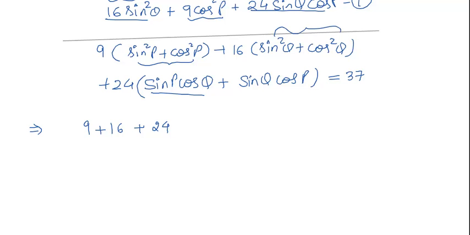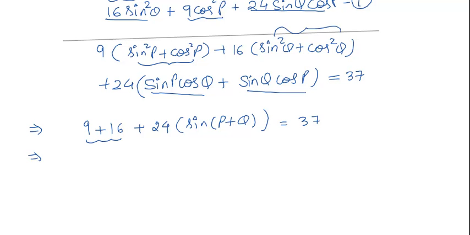Now if we observe carefully, it is sin P cos Q plus sin Q cos P, that is sin A cos B plus cos A sin B. So it is nothing but the formula for sin of A plus B. Here it will be sin of P plus Q, and that is equal to 37. Now 16 plus 9, that will be 25.